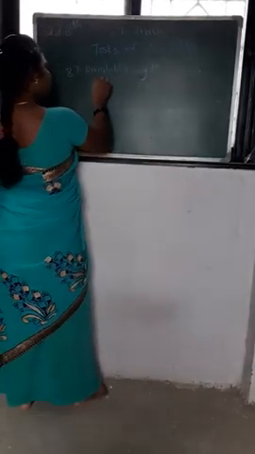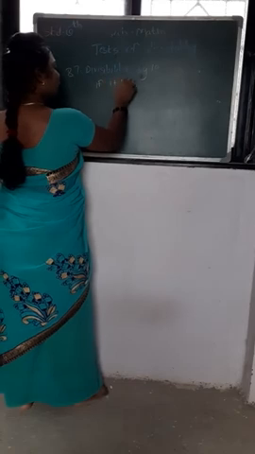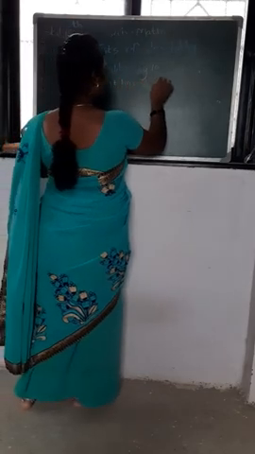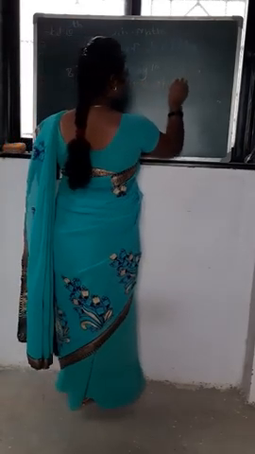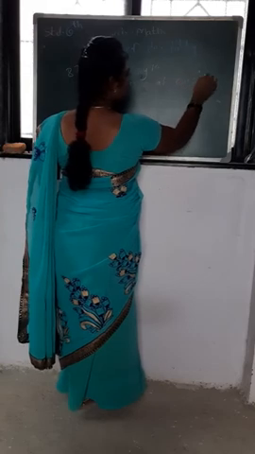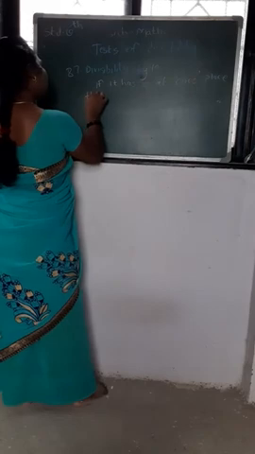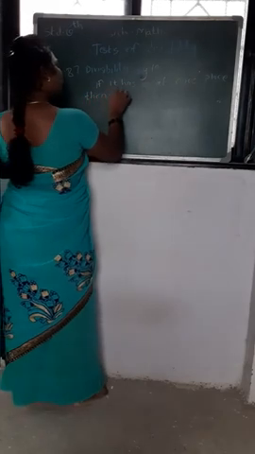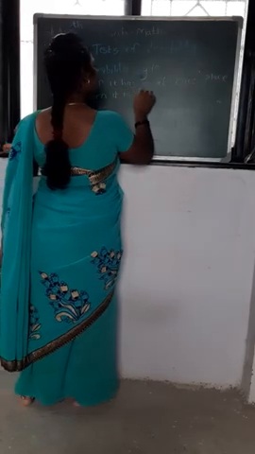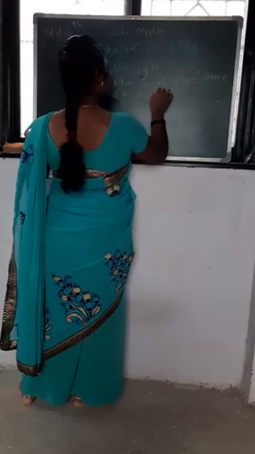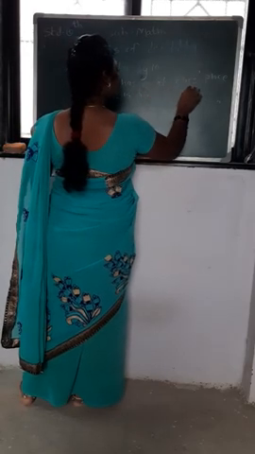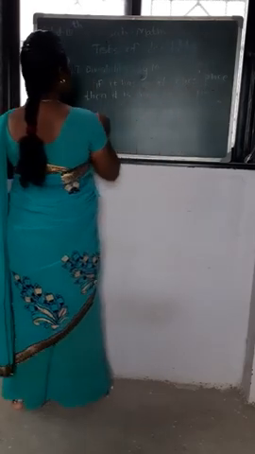If it has 0 at one's place, then it is divisible by 10.